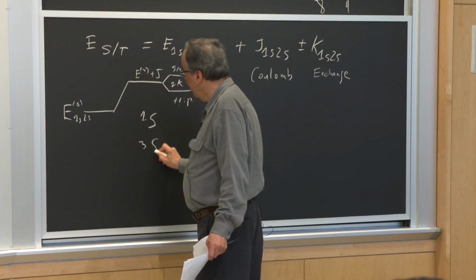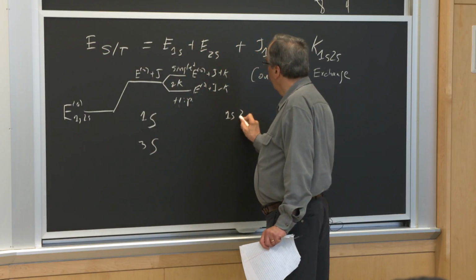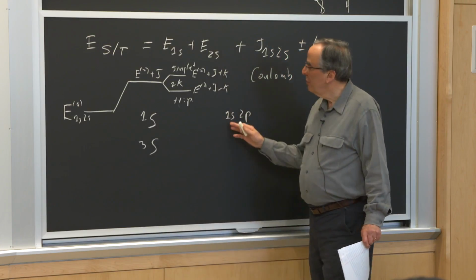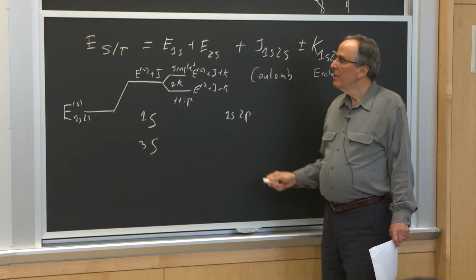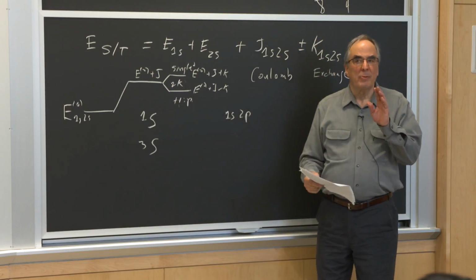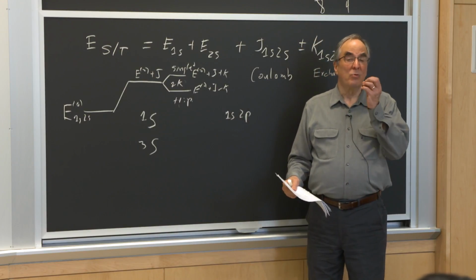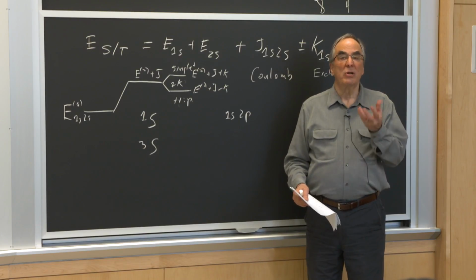And the triplet, we call it triplet S. Now, if we did 1s, 2p, we would get singlet and triplet P states. But the important thing is, how big is K? And remember, K is an approximation. It's a real quantity, but for hydrogenic orbitals, it's going to be incorrect.